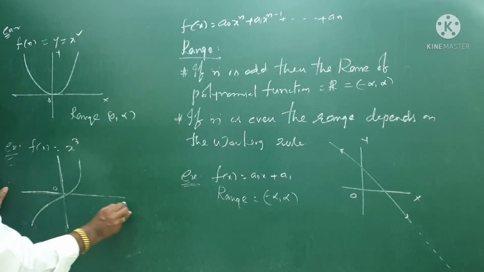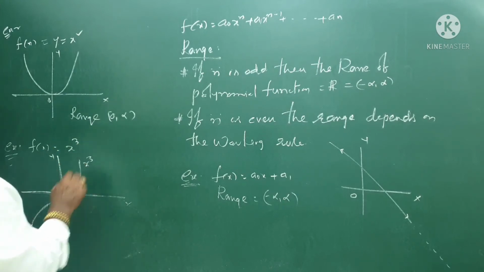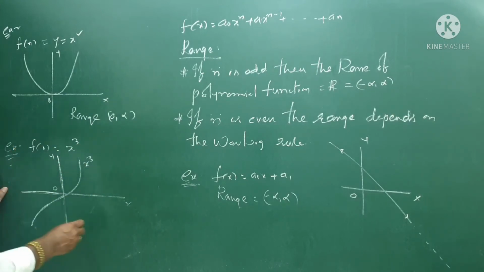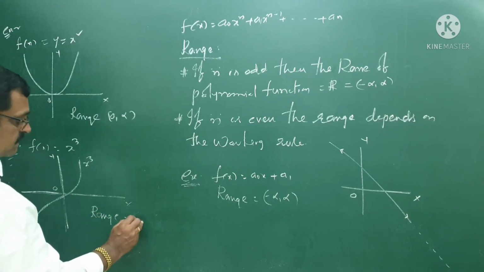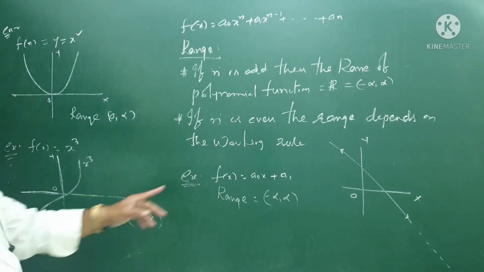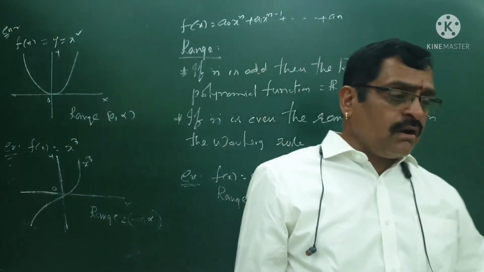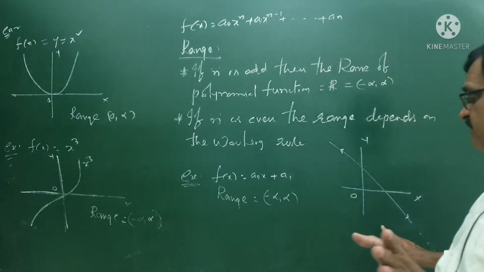So with the x-axis and y-axis, the graph goes from minus infinity to plus infinity. In this case also, my range is minus infinity to plus infinity. So if n is odd, then definitely the range will be minus infinity to plus infinity.